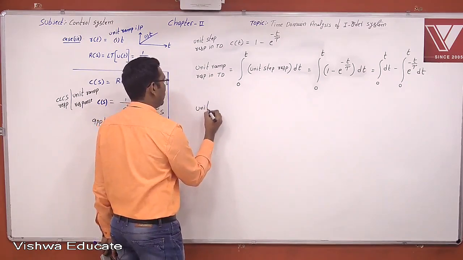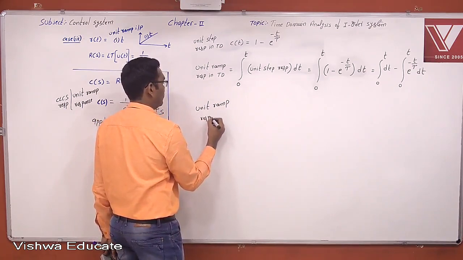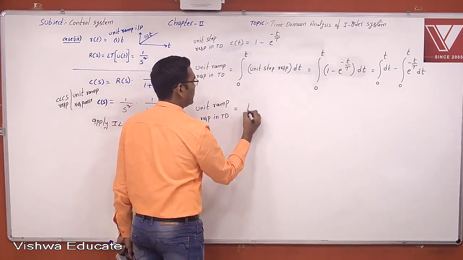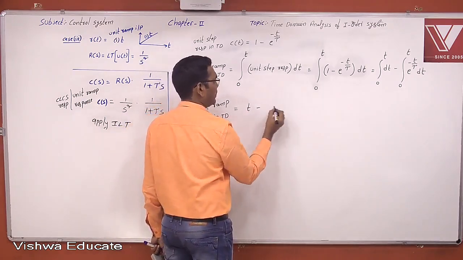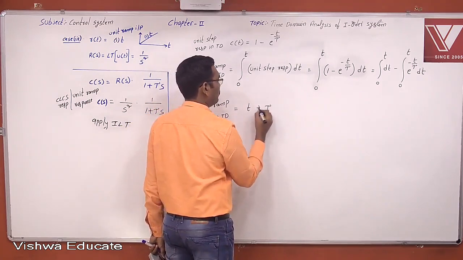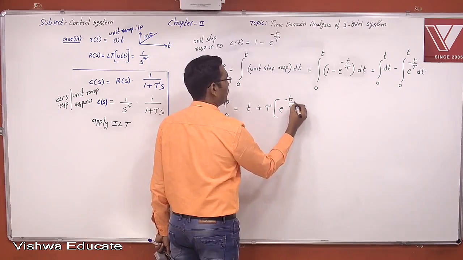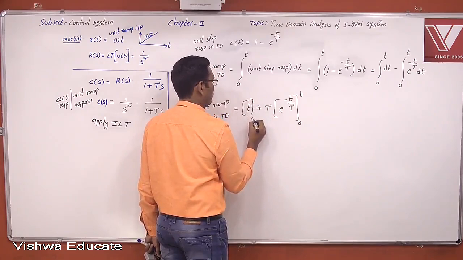Unit ramp response in time domain is equal to the integration of dt, which is t, upper limit t, lower limit 0. So this is e power minus t by tau, with tau, over the limits 0 to t.